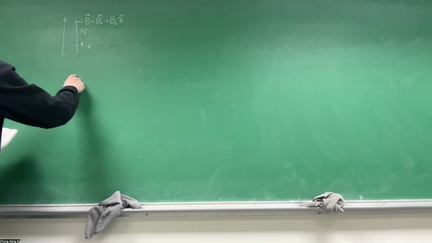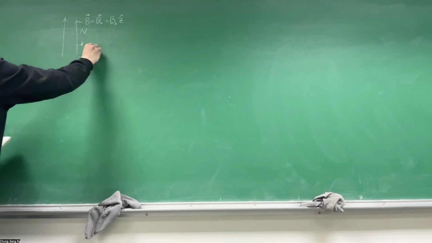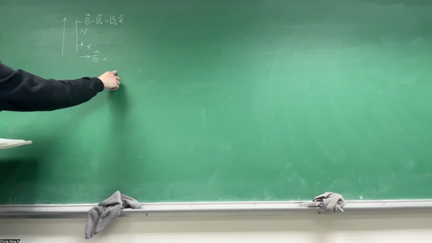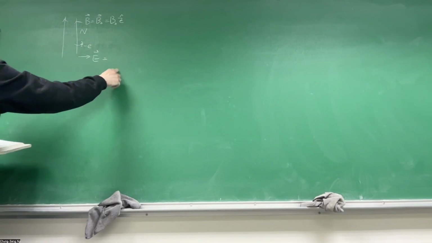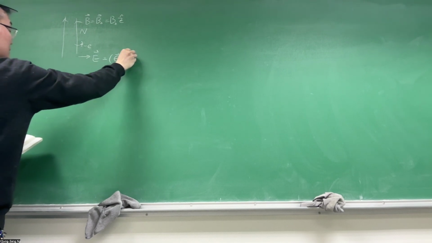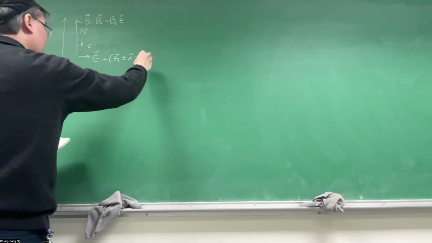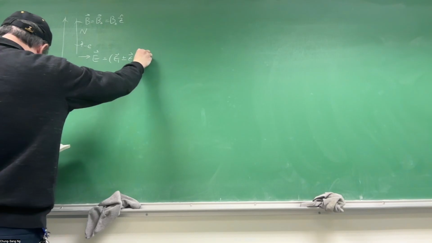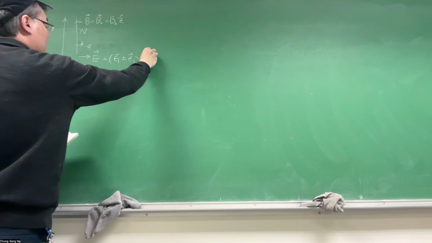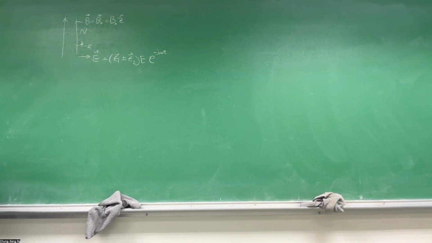But then you are considering a wave, so you are imposing an E, which in Jackson's terms is epsilon 1 plus or minus i epsilon 2, times the magnitude E, and since it's single frequency, e to the minus i omega t.